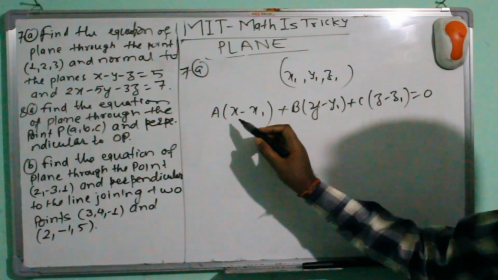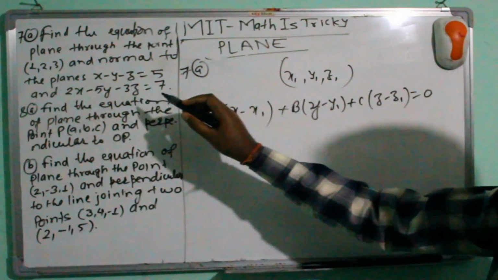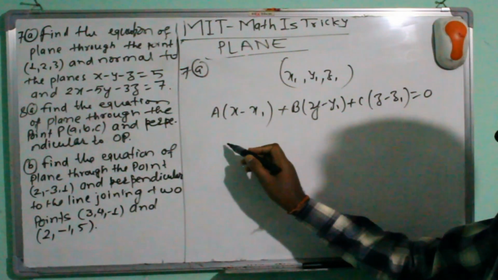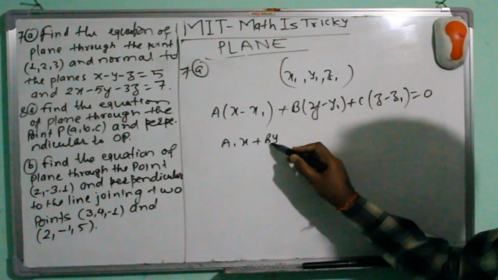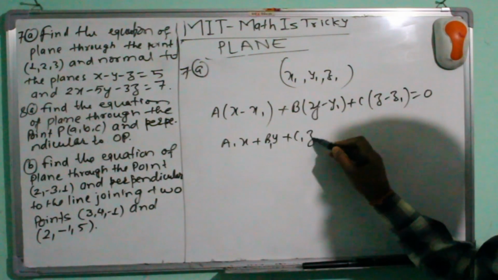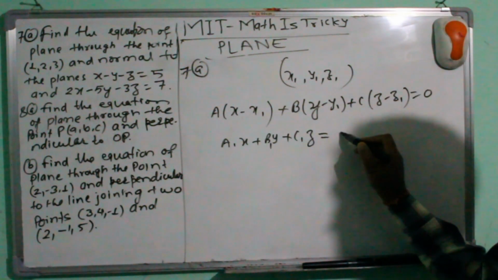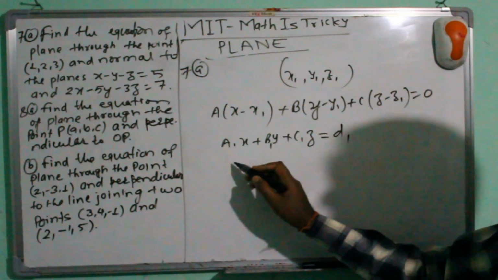Now as this plane is perpendicular to another plane, say a1 x plus b1 y plus c1 z equals d1.